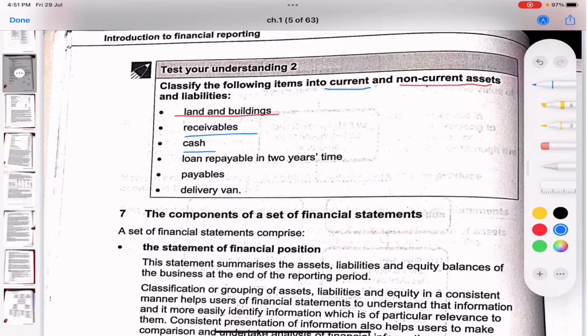Loan repayable in 2 years of time, which is more than 12 months, which means it is a non-current liability, right? Payables. Receivables and payables are always current. Delivery van. Delivery van is a non-current asset, right?